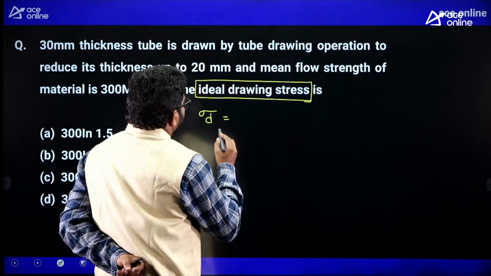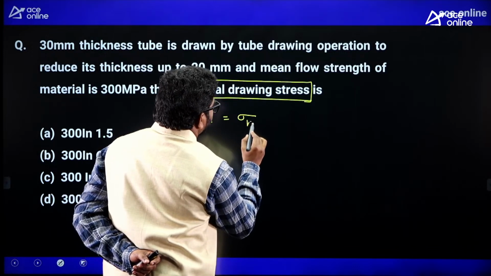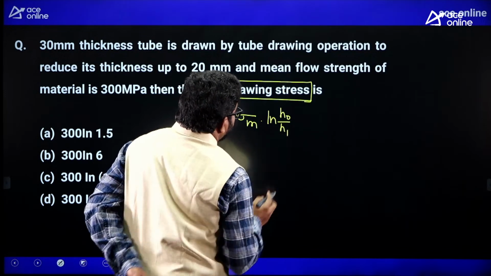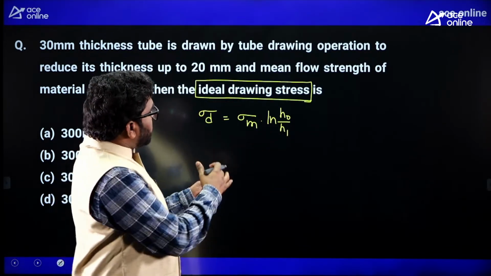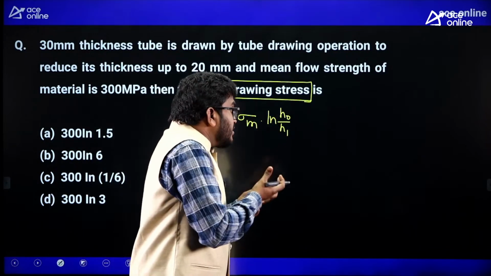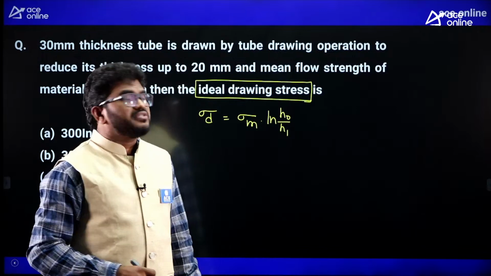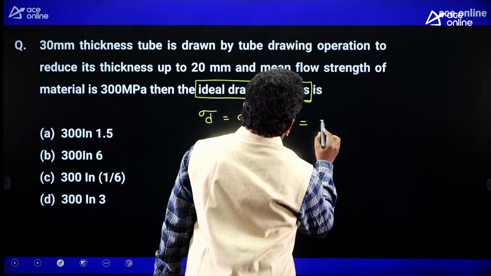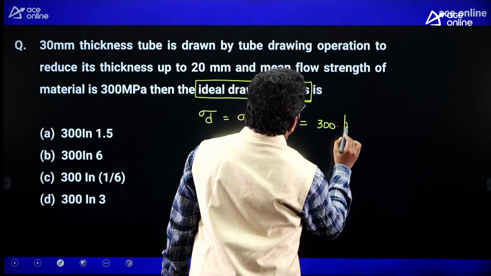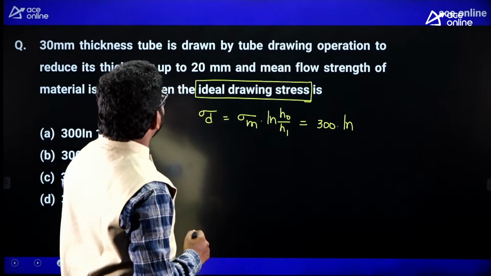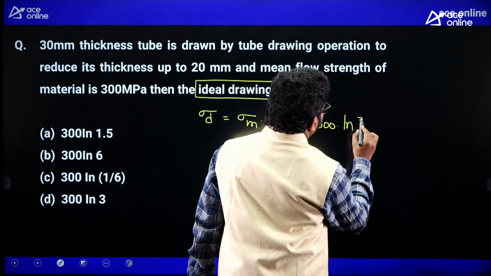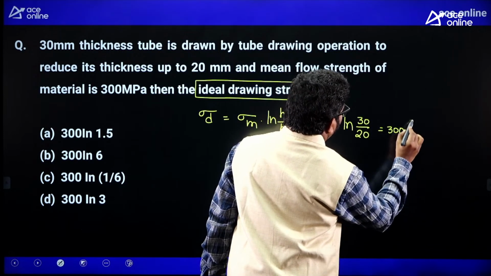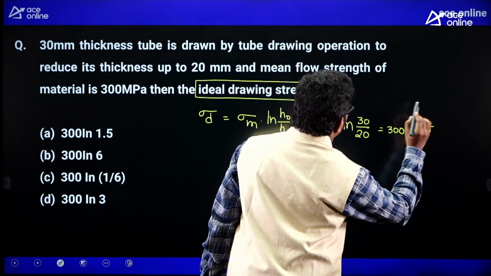So for the tube drawing process, sigma d is equal to sigma m ln h0 by h1. Previously in the extrusion case, we took sigma m ln A0 by A1, but here h0 by h1, since we are reducing the thickness of the sheet. In the question the mean flow strength is given as 300 into ln, how much? 30 mm thickness is reduced to 20 mm, 30 by 20, that is 300 ln 1.5.